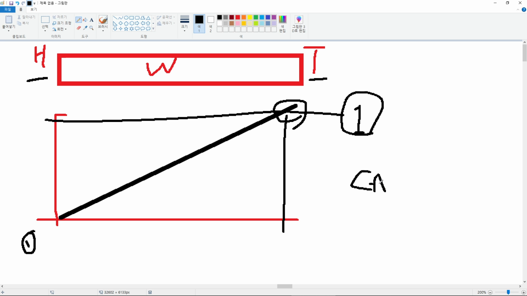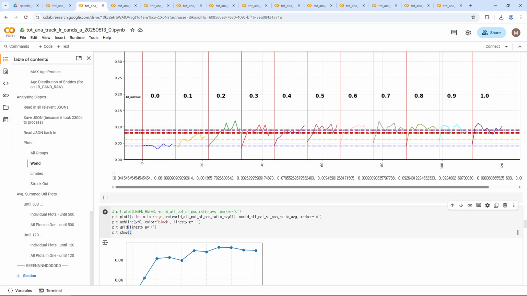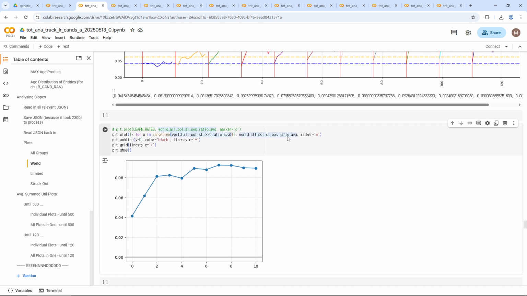For the candidate methods, everything is relative, unlike the learn rate method, where the learn rate has to be a definitive number between 0 and 1. But in this case, I'm talking about the candidate method. So the tail entity has the highest chance of being picked as a learn candidate. So that's what's happening here. I'm using the proportional tail candidate method in this case.